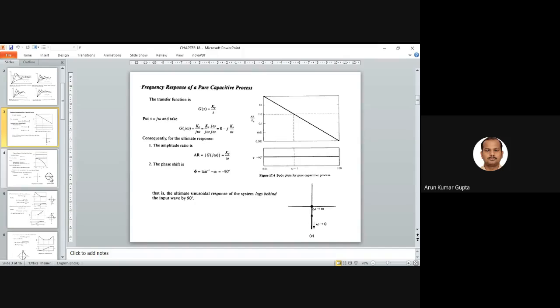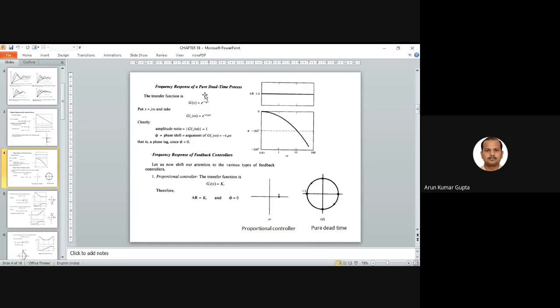Similarly, let's say you have a pure dead time system. For the pure dead time process, G(s) is given by e to the power minus tau d s. When you substitute s equal to j omega, it will be e to the power minus j tau d omega, and you know the amplitude ratio of this is 1, and the phase angle will be minus tau d omega.